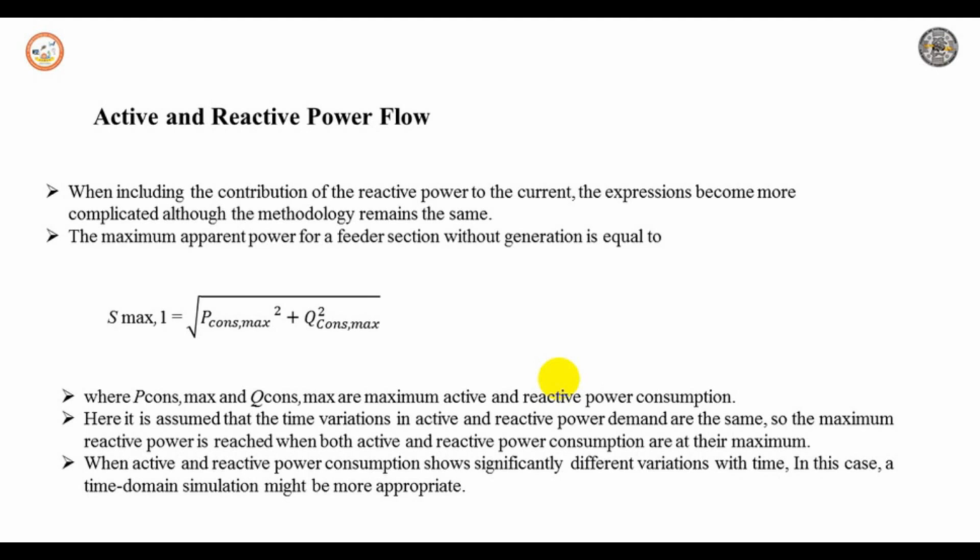So the P consumption maximum squared represents the active power and the Q consumption maximum squared represents the reactive power consumption respectively.